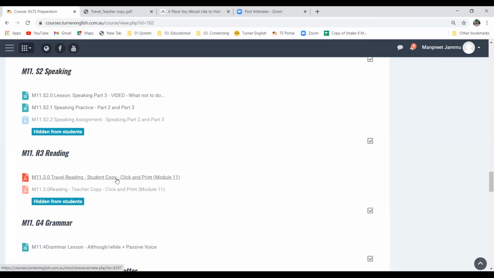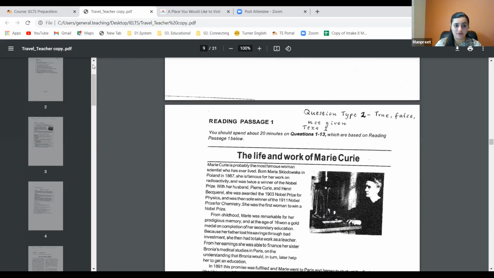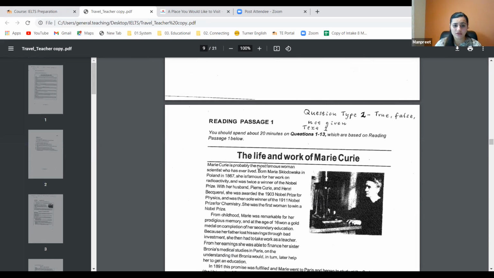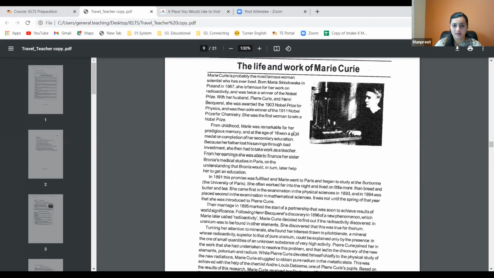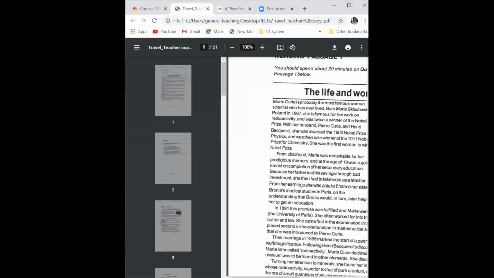In reading, you can just see one worksheet, and when you click on it, it'll open. Yep, it's this one. So I just want you to go to page 9 after this. Okay, which is this one.